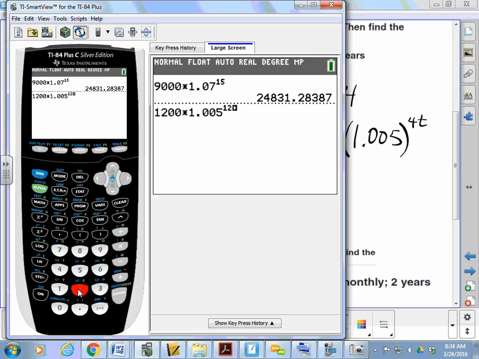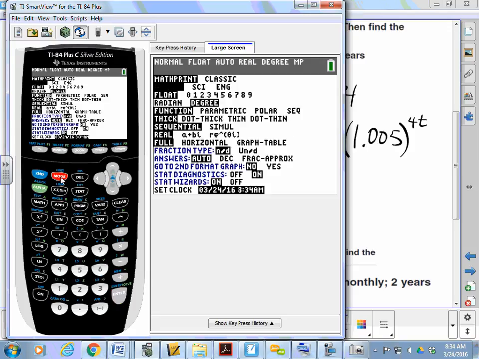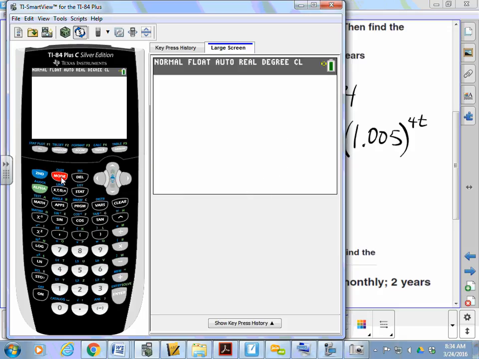It's okay on these calculators, but some of you are going to be using the older calculators for testing, and if you put 4 times 3 in there, it won't do it right. I'm going to show you what will happen if I change from math print to classic. This is the old style calculator.